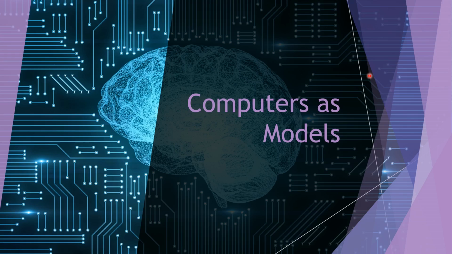There is a long-standing history of people trying to understand people based off of the science of today. Computers are the modern science, and so we think about people as computers and think about minds as computers. But historically, we've tried to understand people with the science of the day.